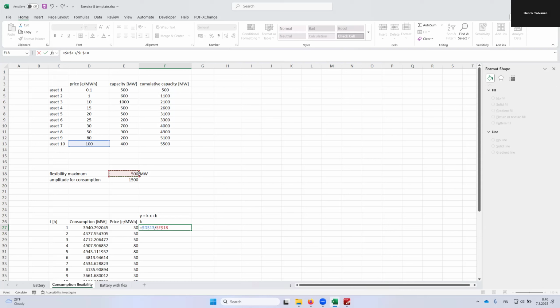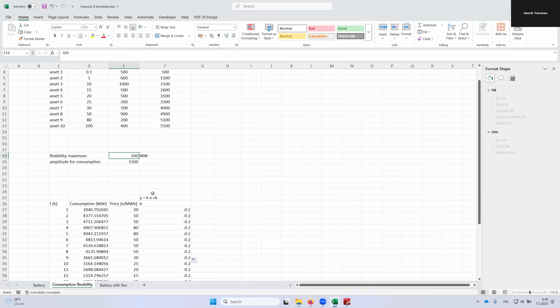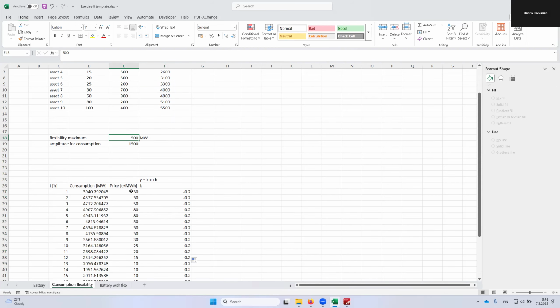That's also this kind of a stepwise function. But for the sake of simplicity, we're going to make it a straight line, and let's have minus in there since the flexibility is going to be negative, or the change in the consumption.